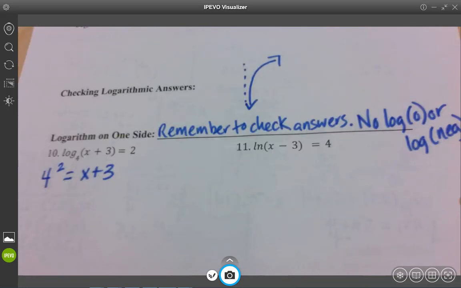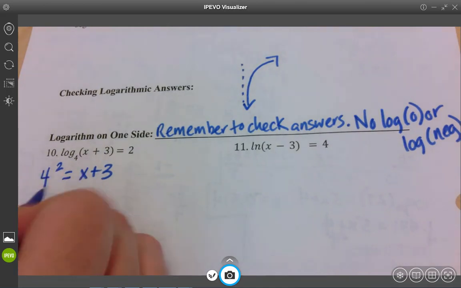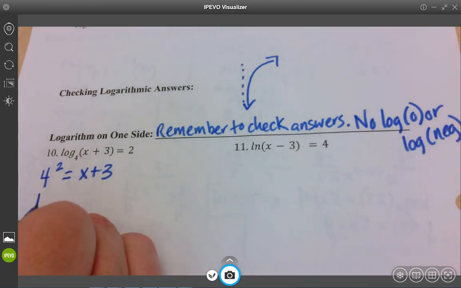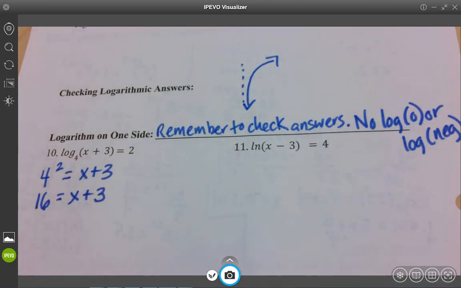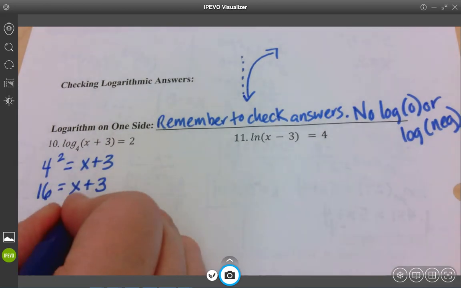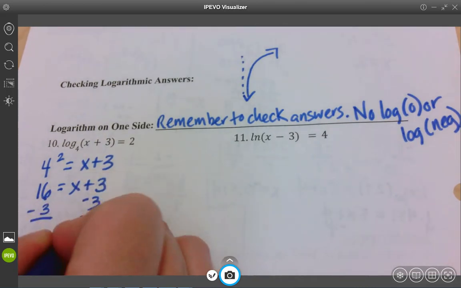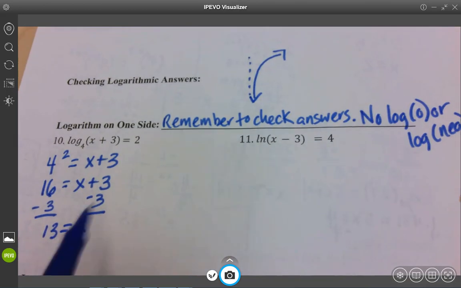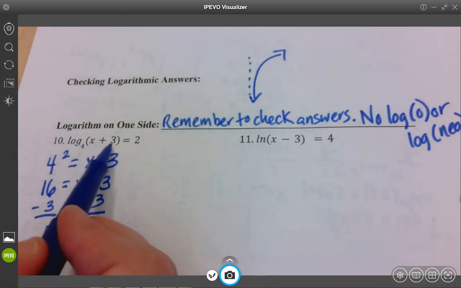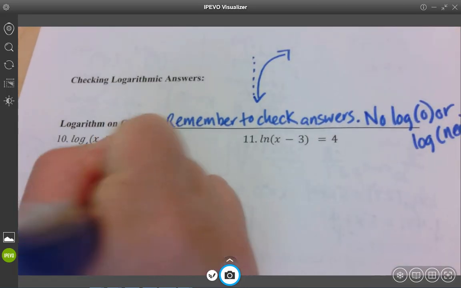There's the 4. 4 to the 2 equals x plus 3. 4 squared is 4 times 4, 16. And to get x by itself, I have to subtract the 3. So let's just check and make sure that we're doing the logarithm of a positive number, and then we're good. I get x equals 13. So if I put 13 back in the parentheses, 13 plus 3 is 16, and that's allowed. So my answer is good.